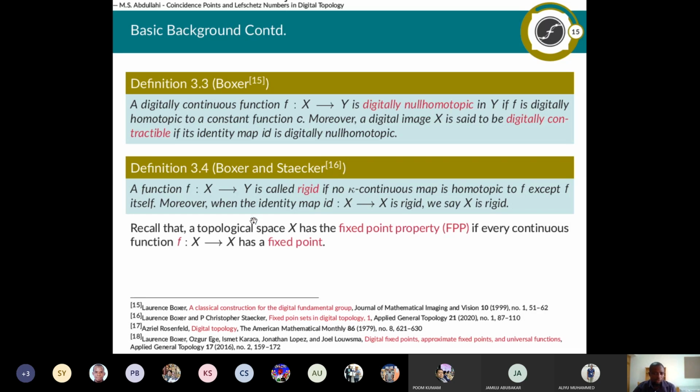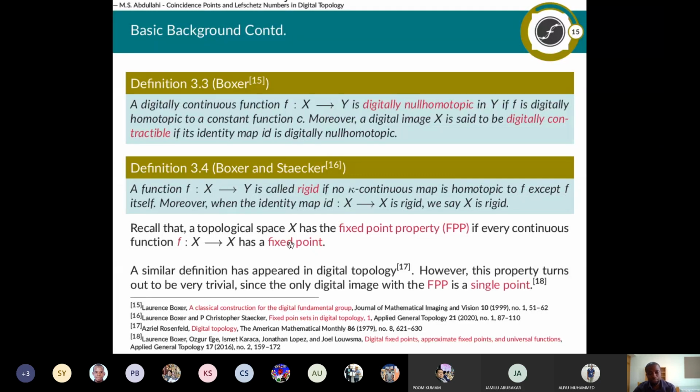So now we recall that in classical topology, a topological space is said to have the fixed point property whenever every continuous function on that set has a fixed point.